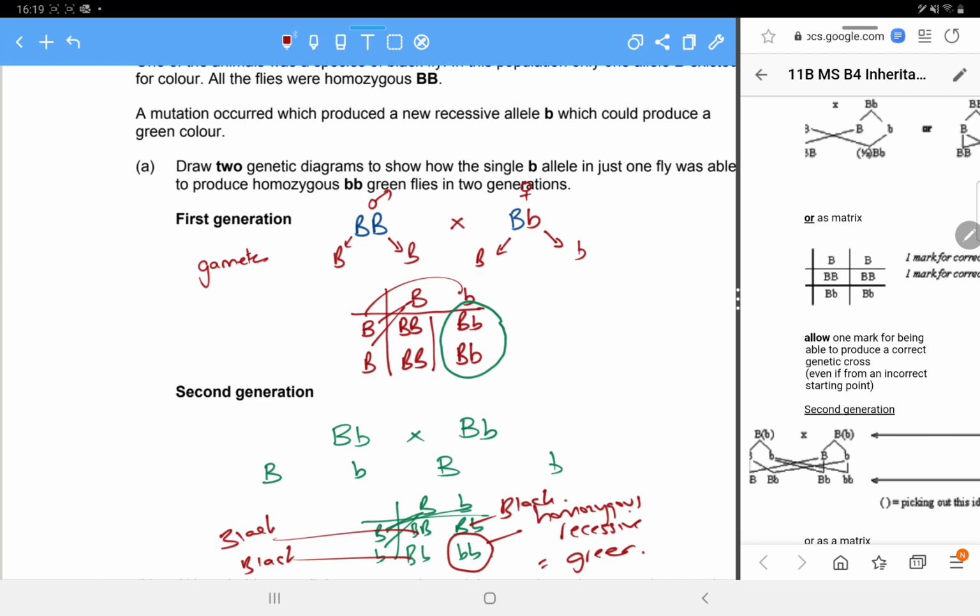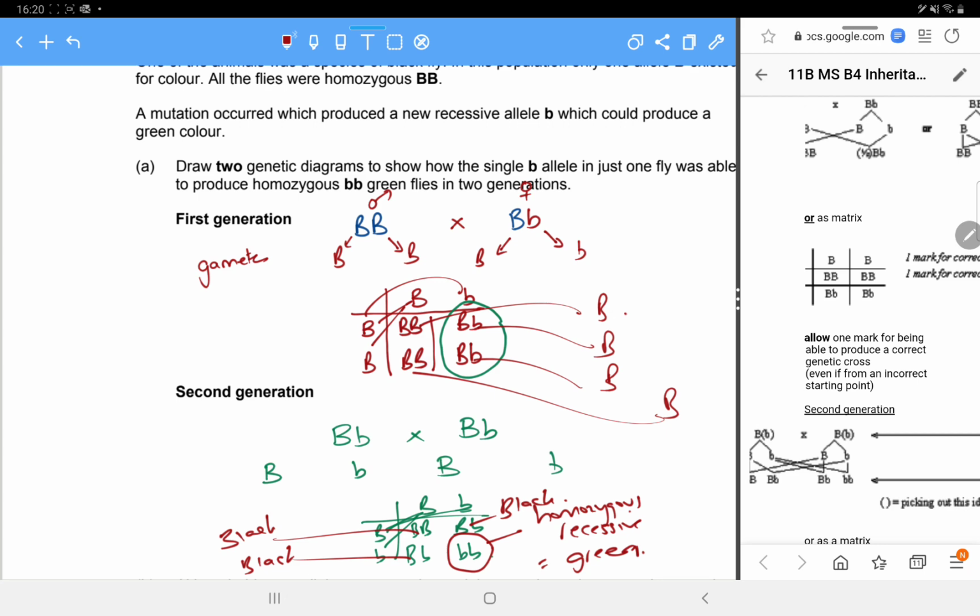Okay, and going back, because these have all got big B's in, that's going to be black, that's going to be black, that's going to be black, and that's going to be black. So going back, we didn't have any greens in the first generation, but by crossing two heterozygous offspring together, we get one small b, which in this case is green, and therefore we've proved it.